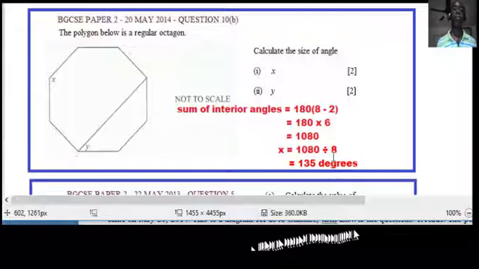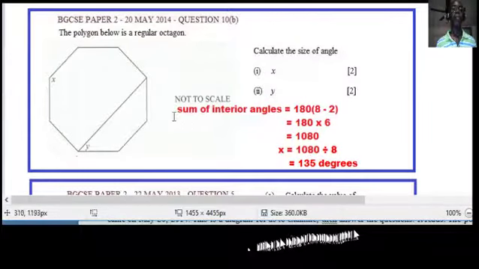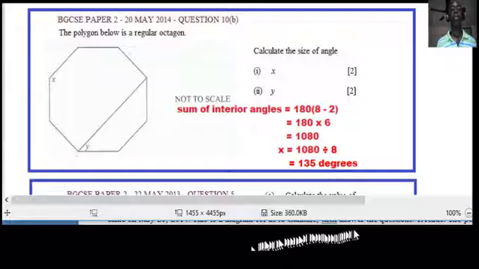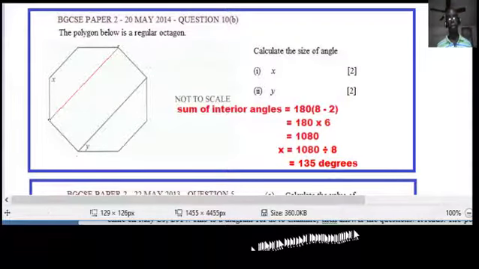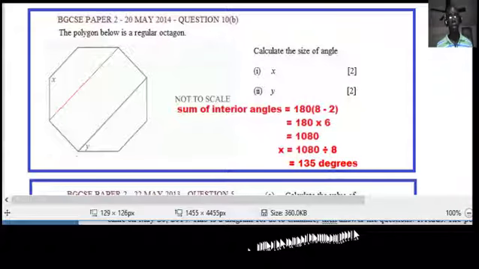The second part requires you to find the value of y. There are more than one ways you can use to find y, but a fast and easy way is to draw a line across from these two vertices. Forming a rectangle in the middle of the polygon. Each angle in a rectangle measures 90 degrees. This is something you should remember. Therefore, this angle, adjacent to y, is 90 degrees.